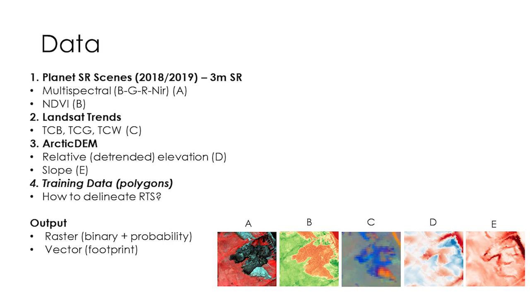On top of the 4 multispectral bands, we also calculated the normalized difference vegetation index, as thaw slumps are pretty much characterized by bare soil surrounded by vegetation in many areas. We also used Landsat trend images from previous publications of mine, with Tasseled Cap brightness, Tasseled Cap greenness, and Tasseled Cap wetness trends over time.